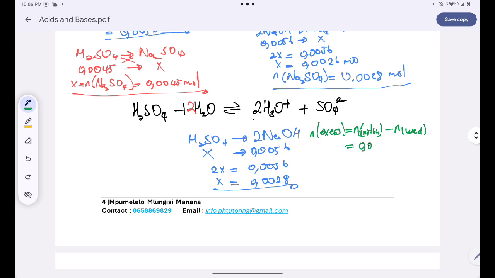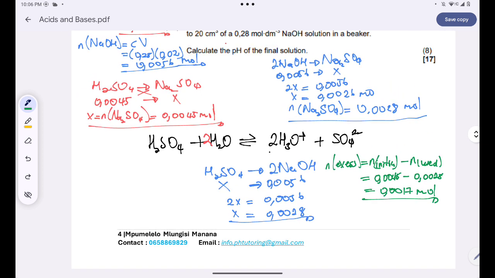Initial is 0.0045, and then I'm subtracting the ones that I've used, which is 0.0028. So 0.0045 minus 0.0028, what do I get? 0.0017 moles. So these are the number of moles of my acid which are in excess.